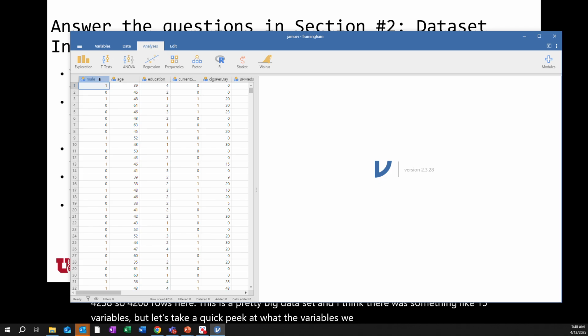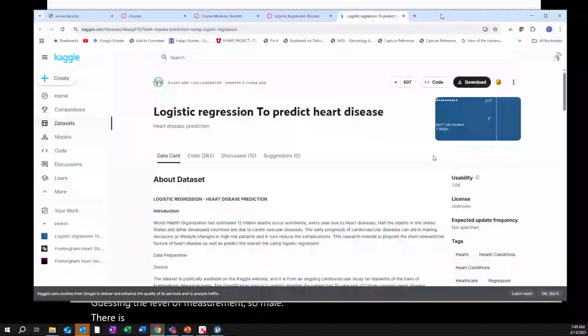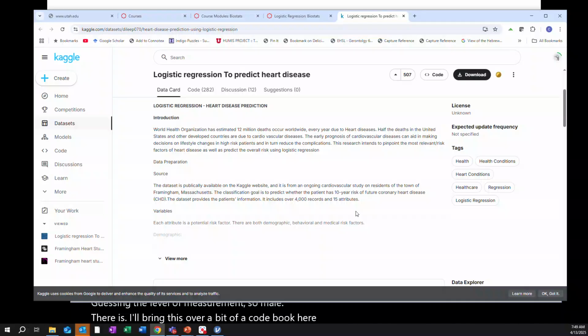Our first step, like always, is to go through and make sure that we know the variables and levels of measurement, and those are set correctly in here in Jamovi. We'll see how good Jamovi did at guessing the level of measurement. So male, there is, I'll bring this over, a bit of a code book here on this page.